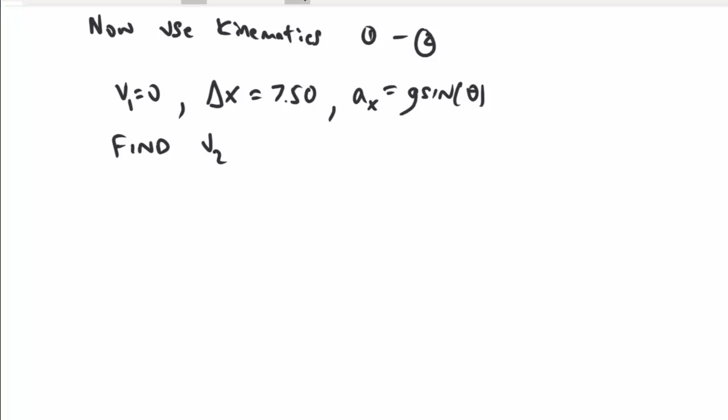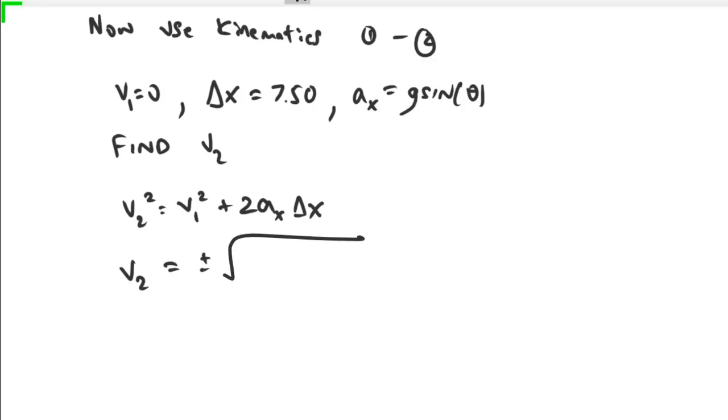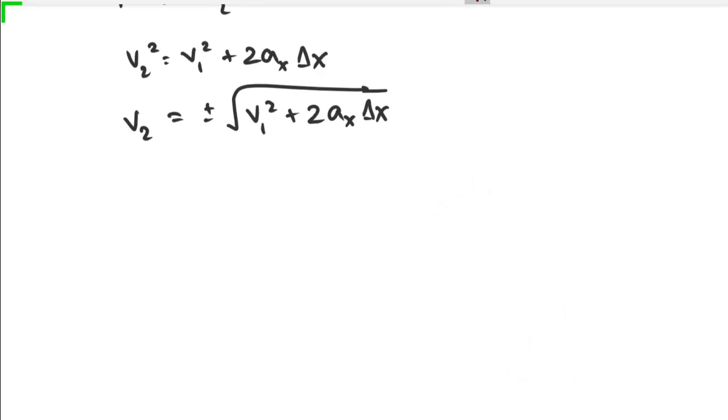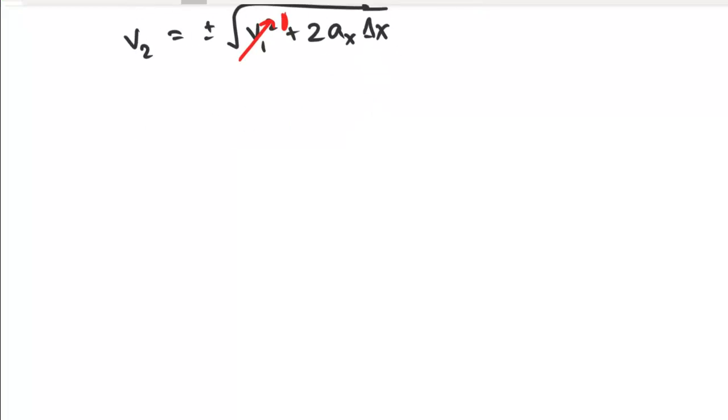We can say v2 squared is equal to v1 squared plus 2 a_x delta x. And so then v2 is equal to plus or minus the square root of v1 squared plus 2 a_x delta x. Plugging stuff in here, with it starting out at rest, that was very nice, v1 is equal to 0, right?